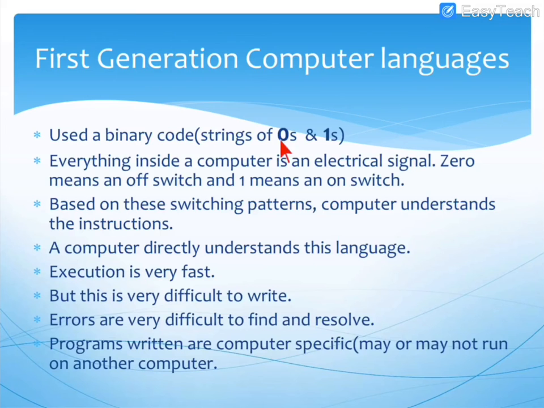Plus, the first generation languages are computer specific, meaning a binary program that you write for one computer may or may not work for another computer. We can say that the first generation computer languages are machine specific. They only work on the specific machine on which they are designed and do not work on other machines.